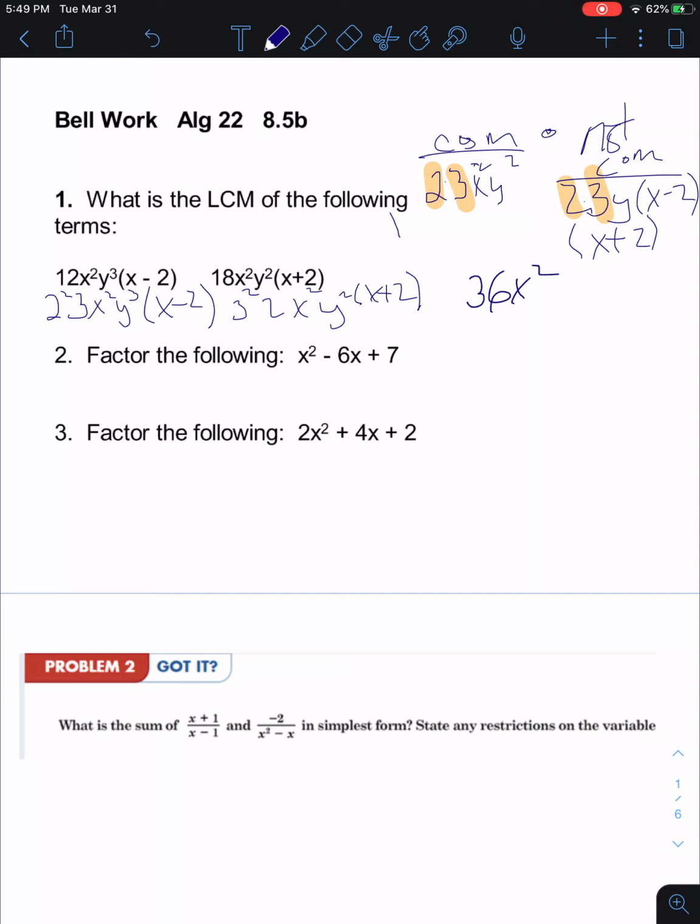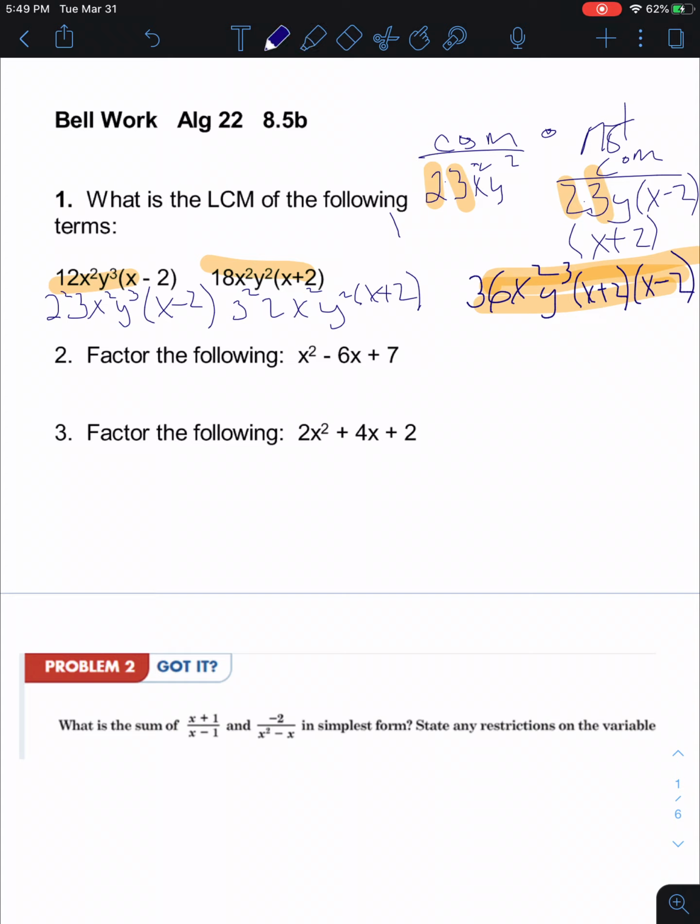Y squared and y would be y cubed. And then x plus 2, x minus 2. And there's my LCM, or my least common multiple, for these two terms.